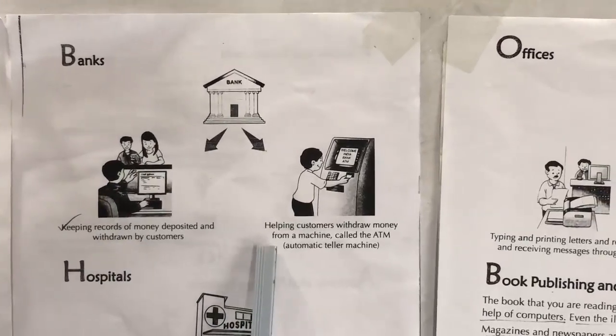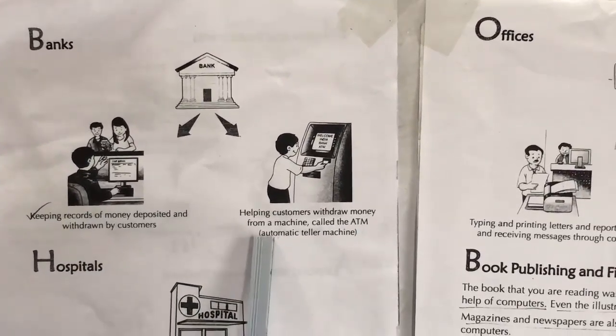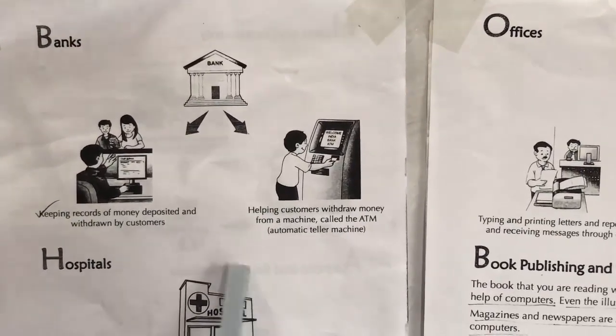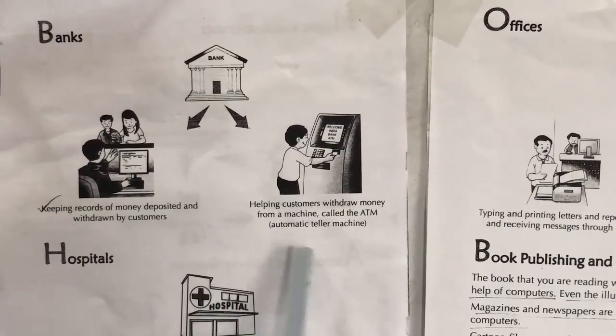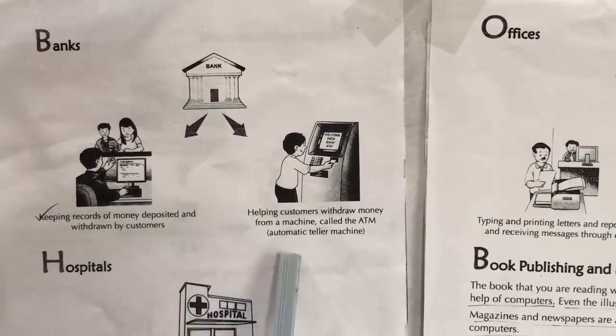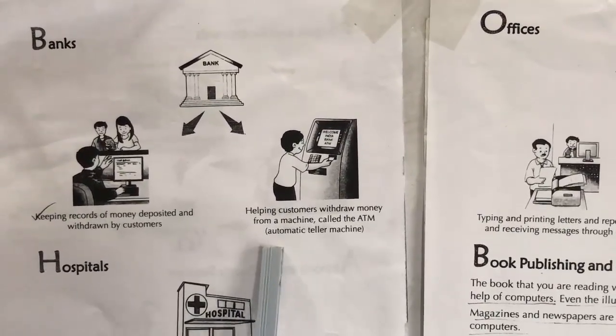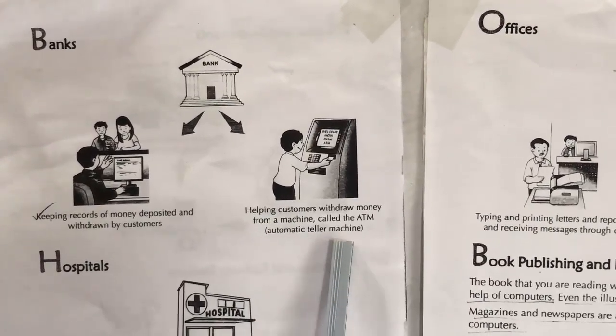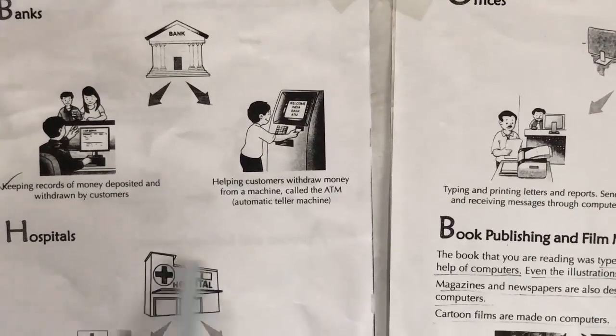Number 2, helping customers withdraw money from a machine called the ATM, automatic teller machine. This is very important for our exam, MCQ. ATM means automatic teller machine. Automatic teller, not taller, T-E-L-L-E-R, teller machine called ATM.